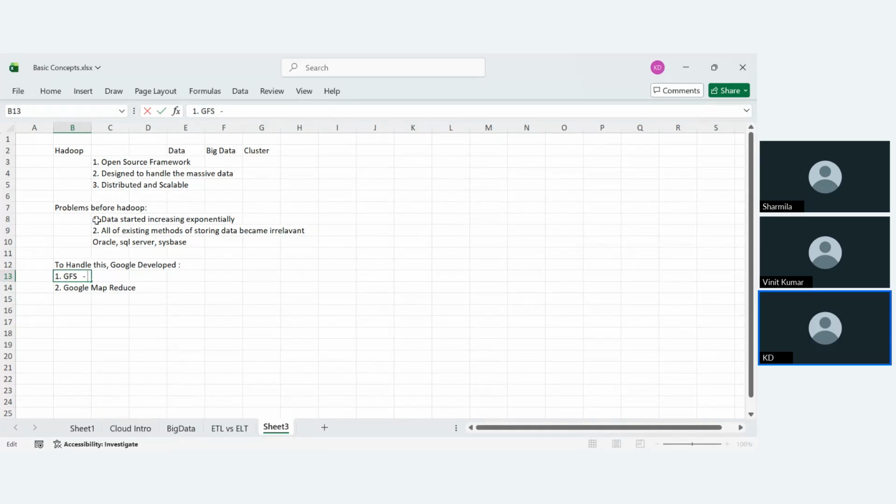GFS was for storing the data, and Google MapReduce was to process the data. GFS was nothing but Google File System, and MapReduce was to process the data. Understood?